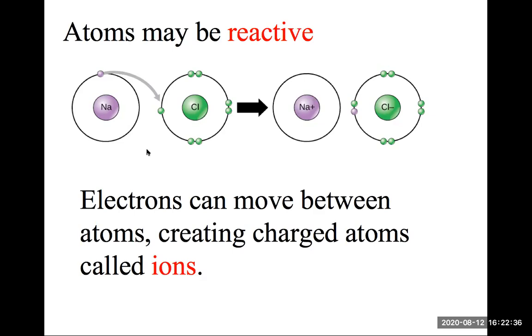These 2 will interact and form a bond, and we would know that as salt, NaCl. That interaction occurs because sodium is eager to get rid of its 1 external electron, and the chloride is eager to gain 1 electron because it has an outer shell that is incomplete.